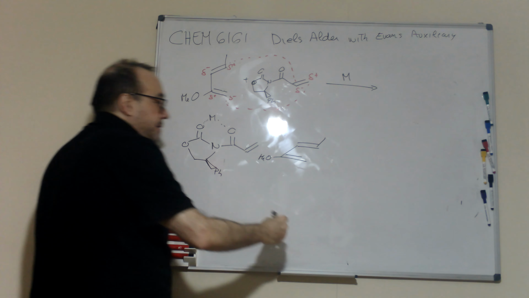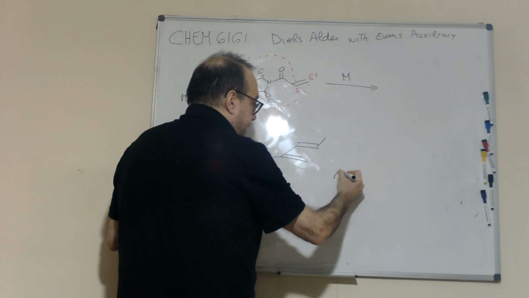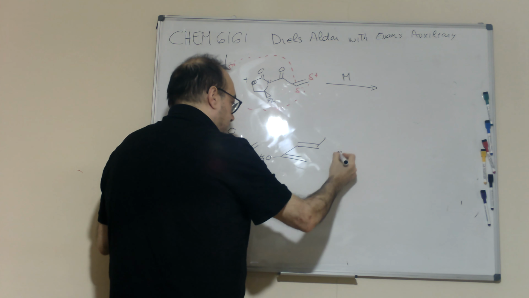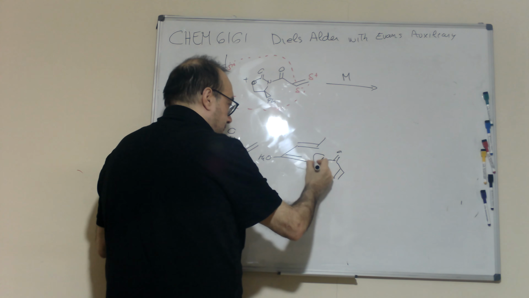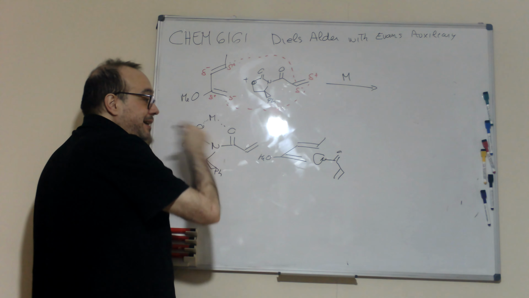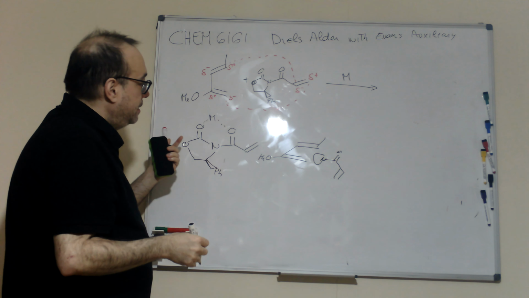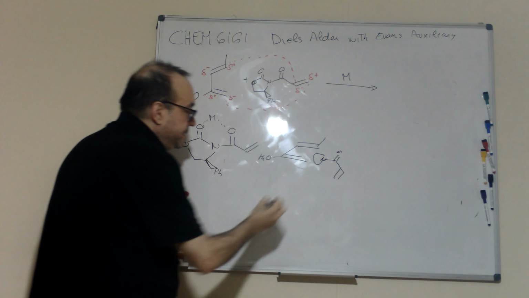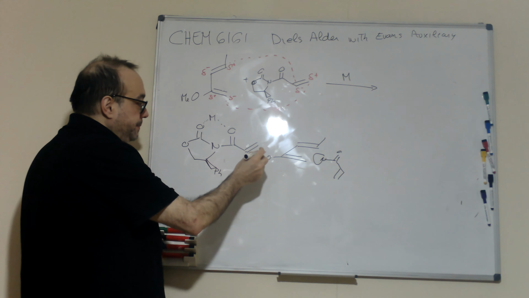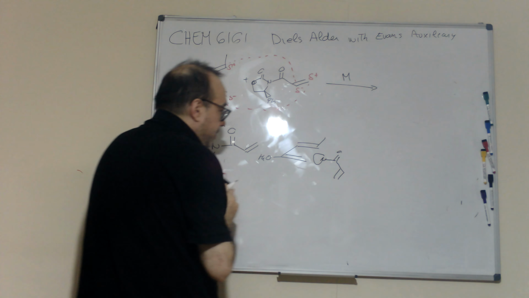of the diene. That means I can do it like this. I only draw a cycle in order to keep some space.